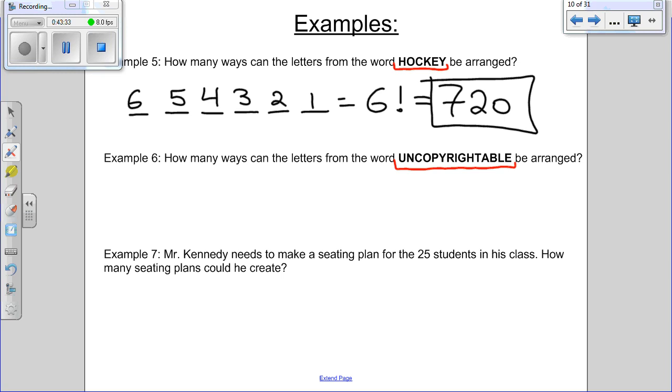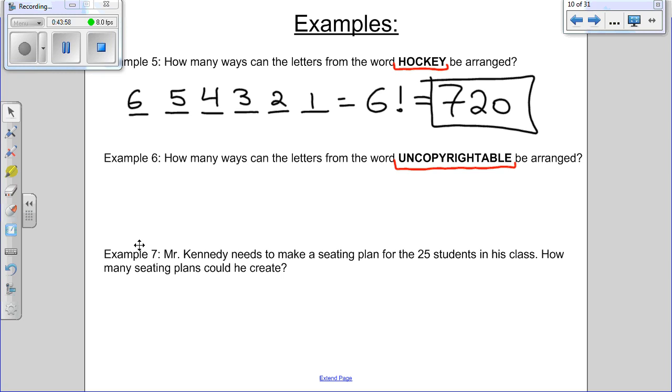Okay, I want you to figure out the number of ways that you could sort the letters in uncopyrightable. So if you were to do that, you have 15 letters.